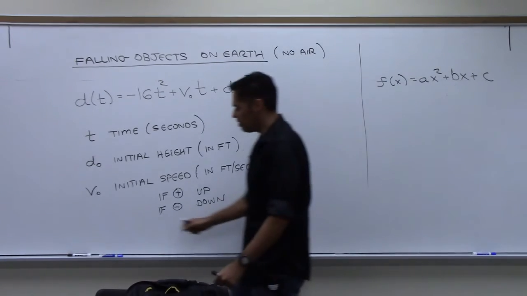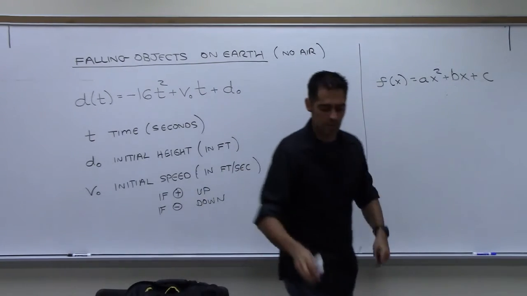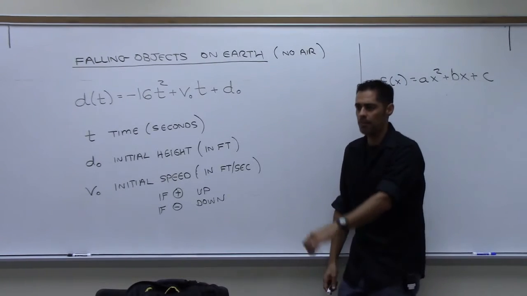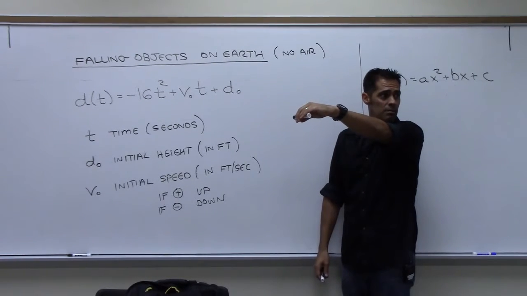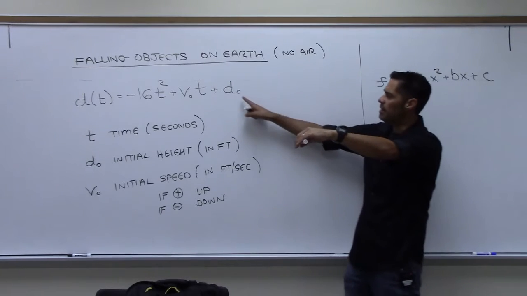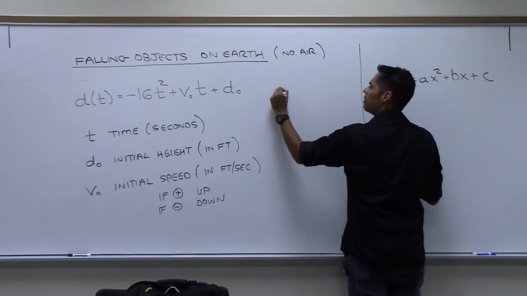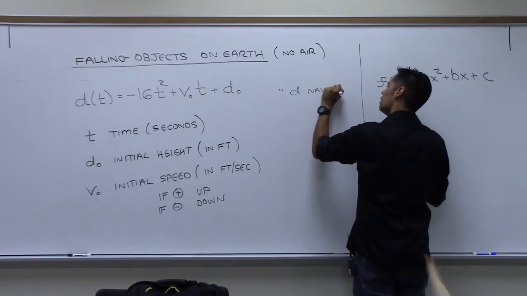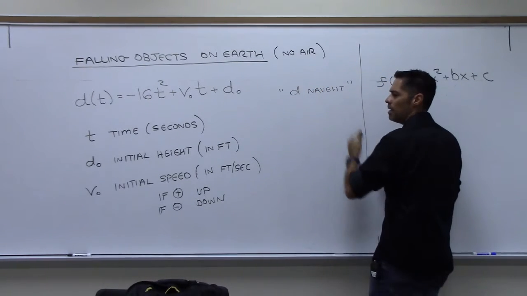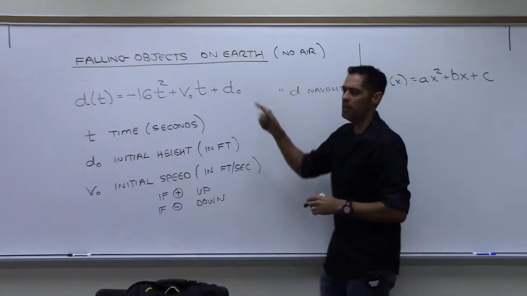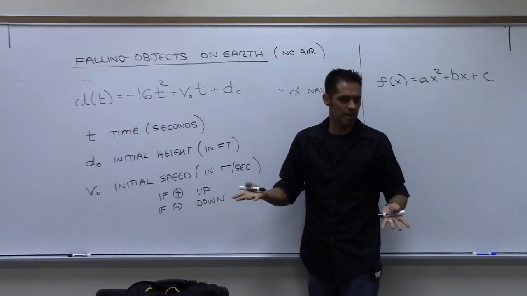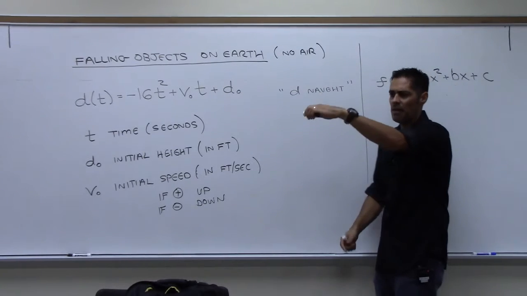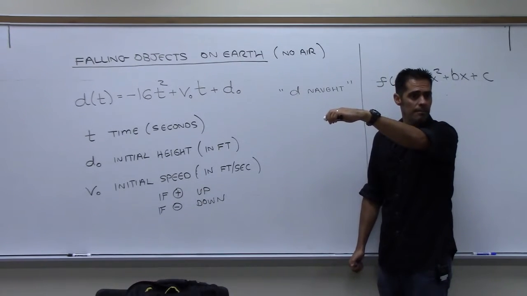I'm going to do this with markers, because it's easier to understand. If I take this marker and I lift it up, let's say 5 feet off the ground, then d naught, by the way, we say it like this, d naught, not meaning nothing, meaning 0. Initial starting point, time is 0. That's what that comes from. So if I have this at 5 feet, then d naught is 5, right?